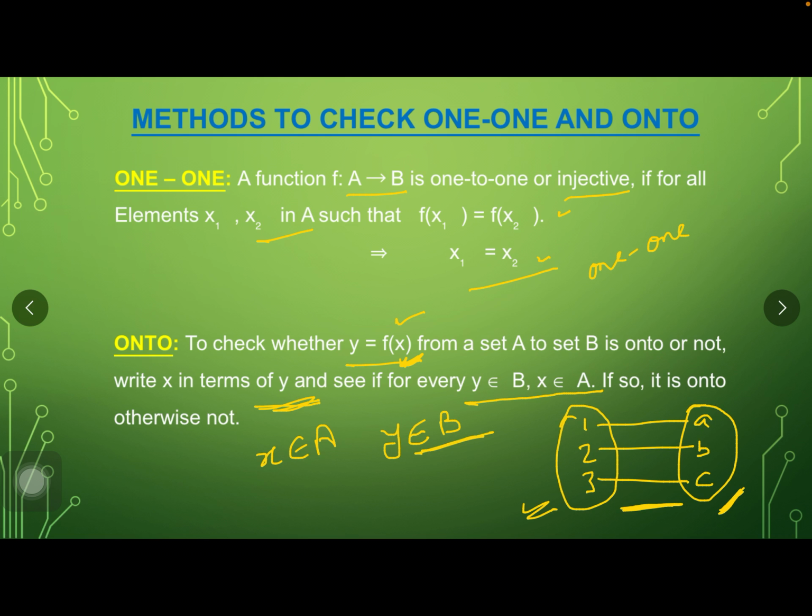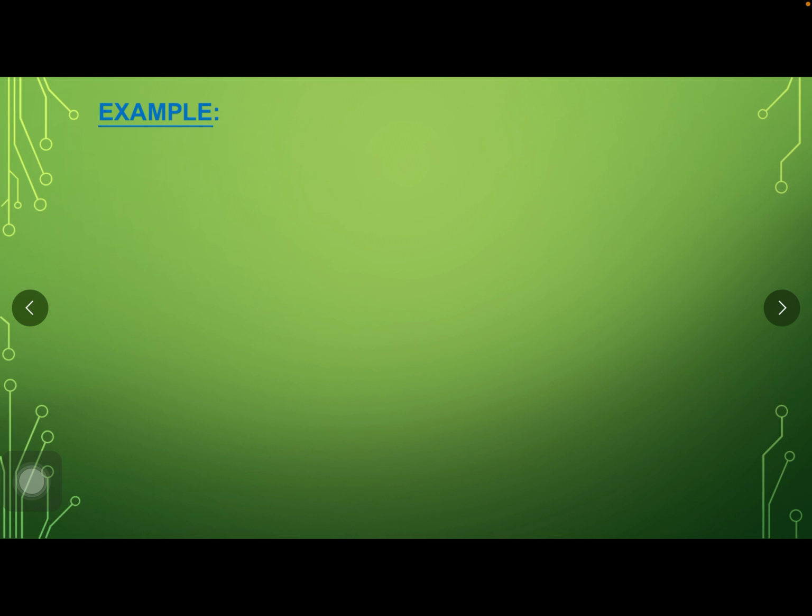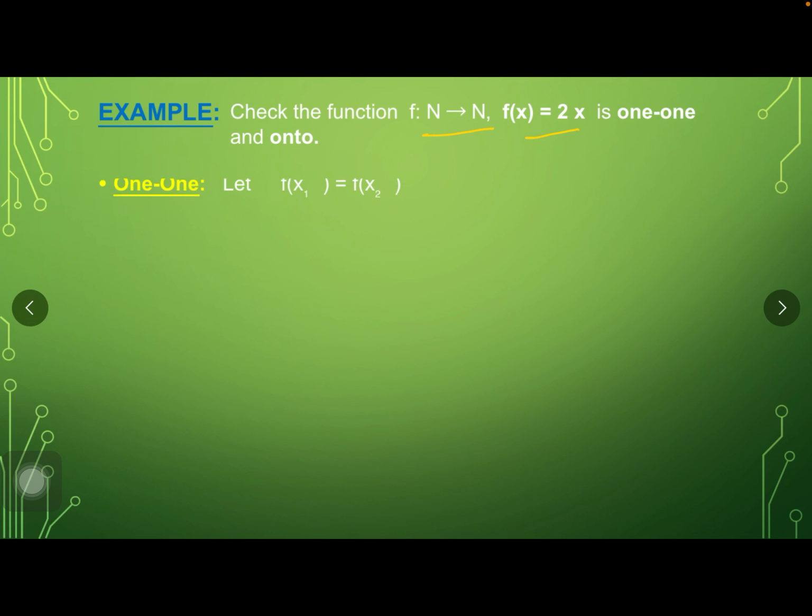It means our domain. Then the function we get in y must also belong to our set, meaning the codomain. If that is possible, we say that our function is onto, otherwise not.